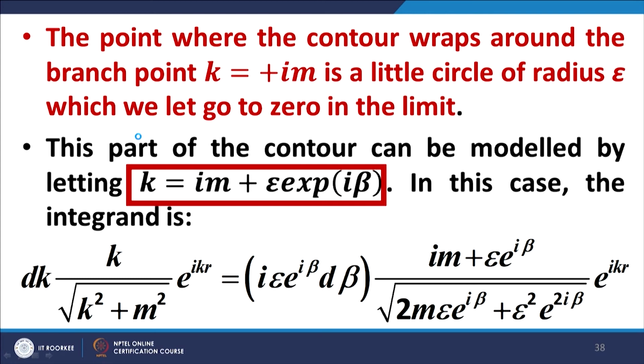To do this integration we write k equal to im. Now, the branch cut is at im, and our circle is a circle of infinitesimal radius around this point.